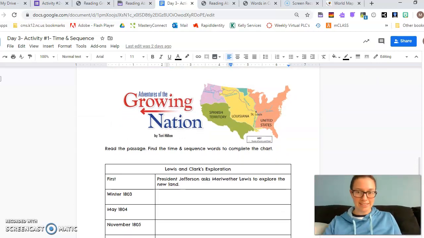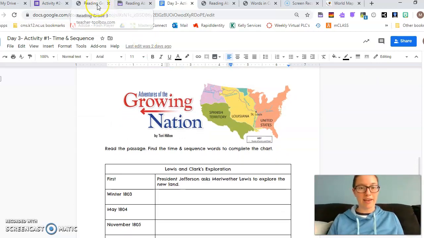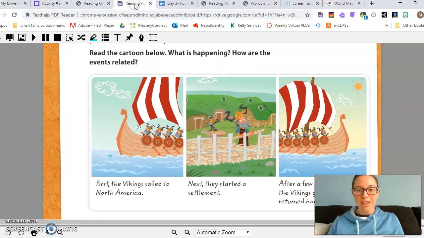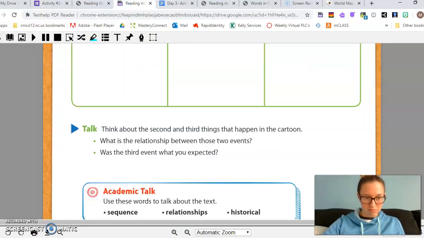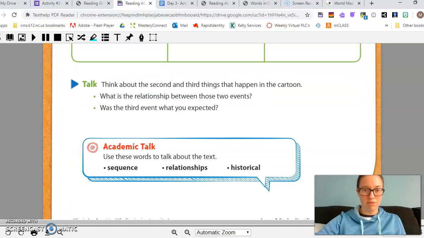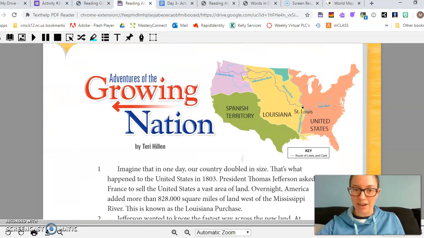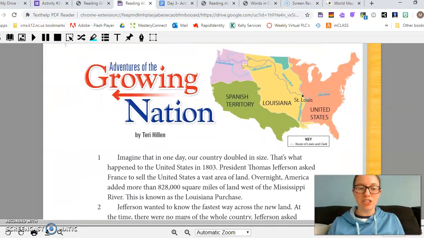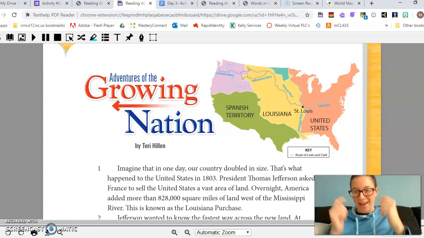On our next activity, you can go back in your iReady book or on your screen. And now we're going to read The Adventures of the Growing Nation. So again, let me give you a little background information about this.